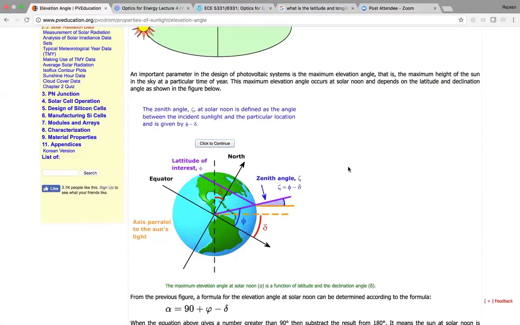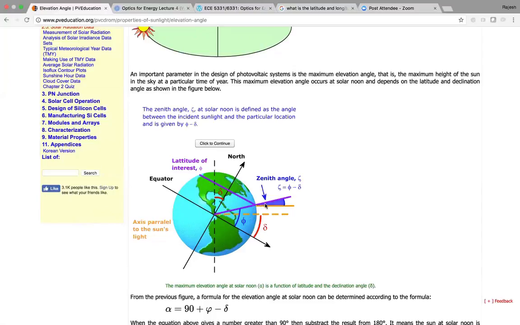The next angle to keep in mind is the zenith angle, zeta. Let's say you're at a particular location on the Earth, right there. If you draw a normal to that surface, here we are assuming the Earth is a perfect sphere, so if you draw a radius of the sphere from the center to the surface and extend it out, that's a normal to that surface.